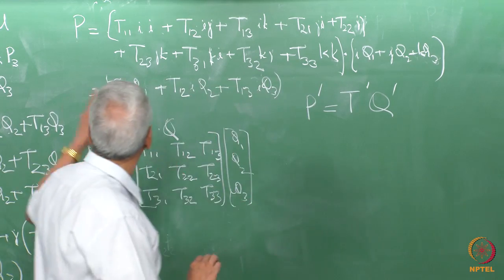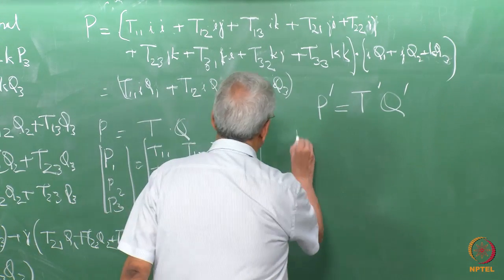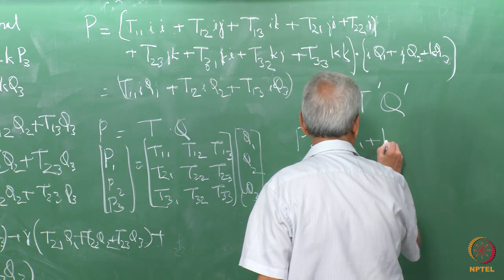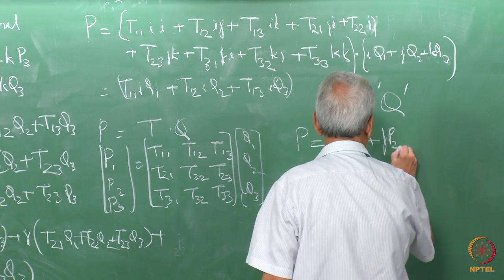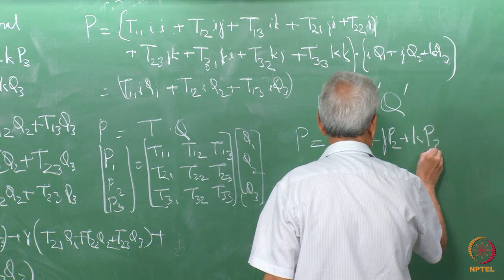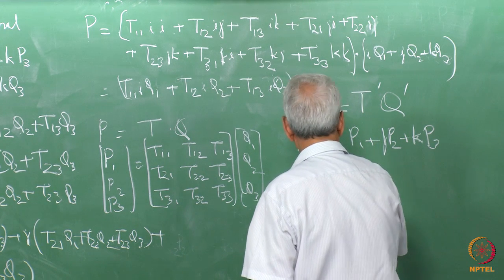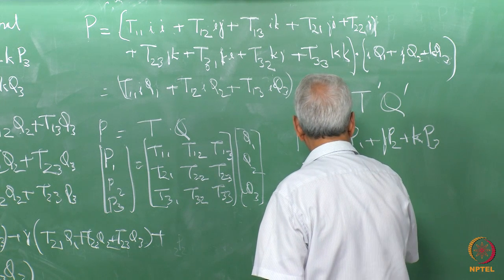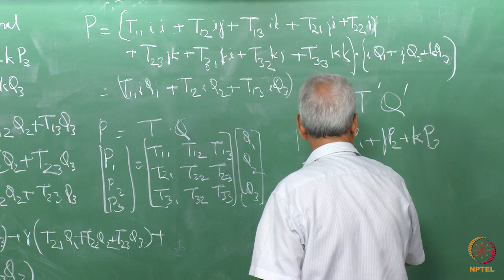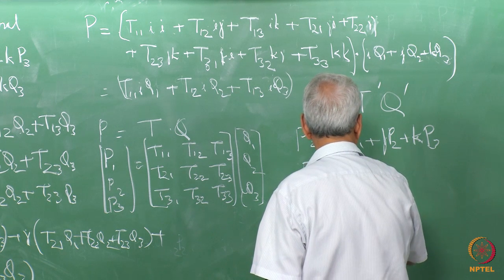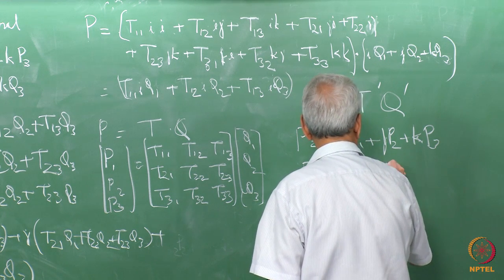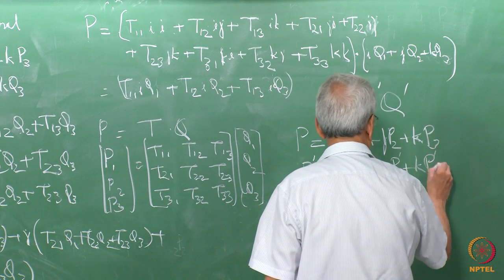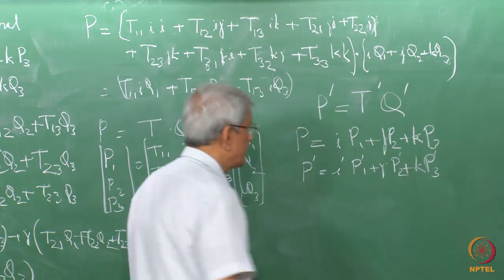Is it not? Because p equals i into p1 plus j into p2 plus k into p3. And if we take p dash, it becomes i dash into p dash 1 plus j dash into p dash 2 plus k dash into p dash 3, right?